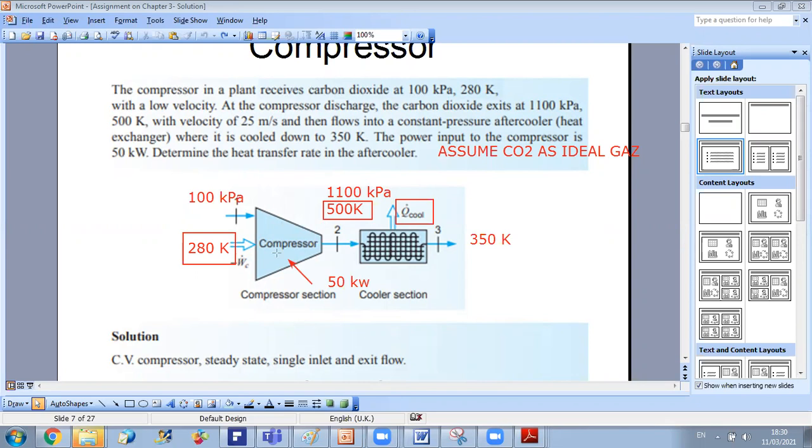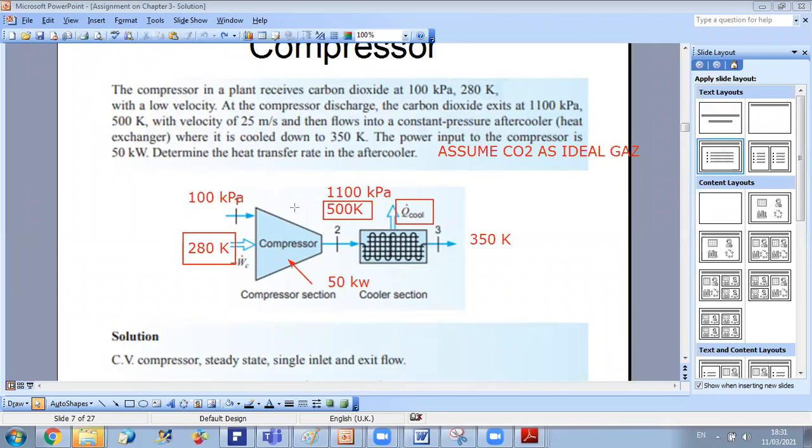Who can tell me? In the compressor, we know nearly everything. What is missing? The Q. Heat rate?